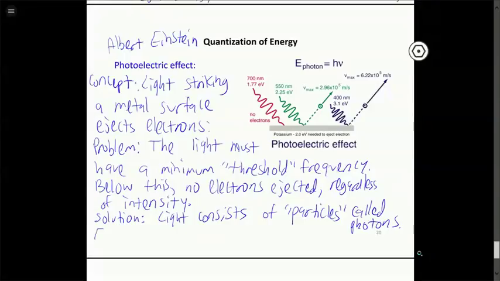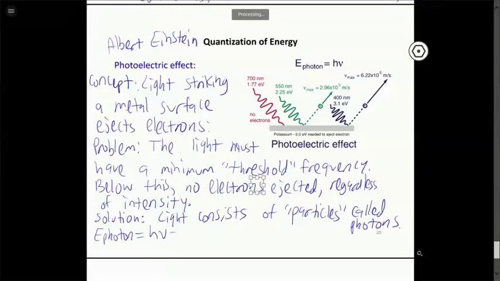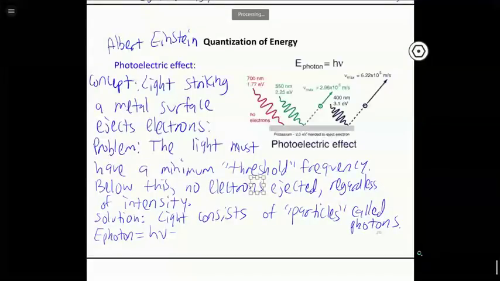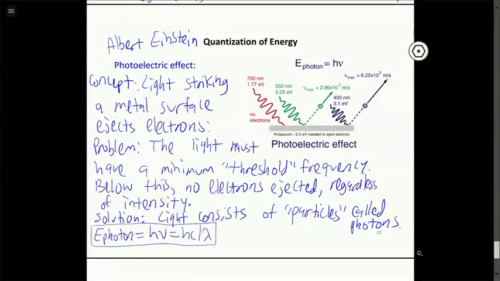And that the energy of the photon is given by that equation we showed earlier, h times the frequency, which can be rewritten as, once again, hc divided by lambda. So that's just rearranging using those equations. So these are two forms of the same equation.